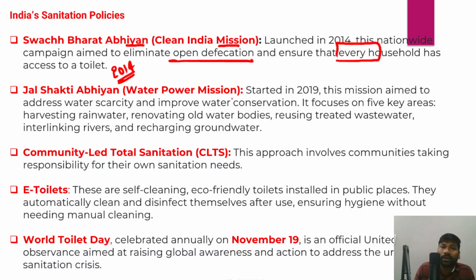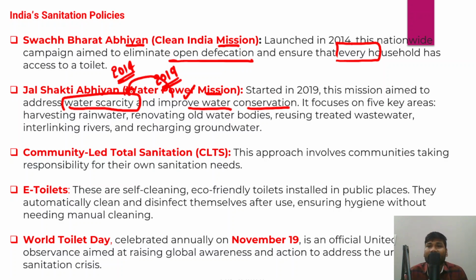And Jal Shakti Abhiyan, that is the water power mission, was started in the year 2019, right? This mission is essentially aimed at addressing water scarcity that several districts have already been facing as per the Niti Aayog report, and also improving water conservation, which is very important. When we achieve water conservation, then we would be protected from water scarcity as well.